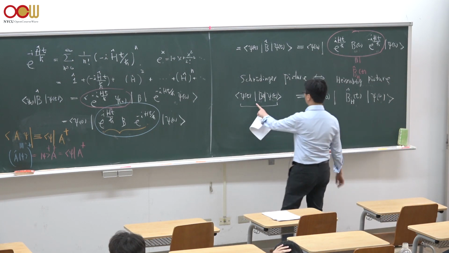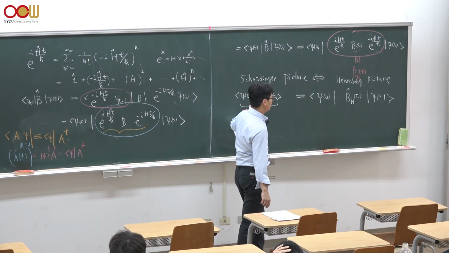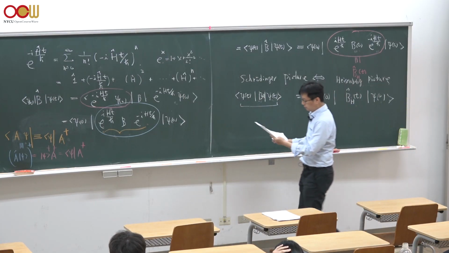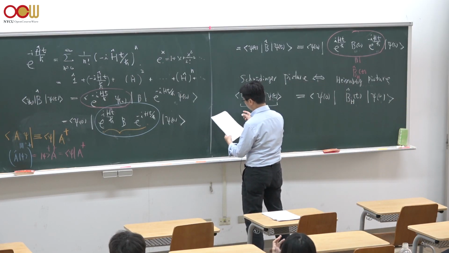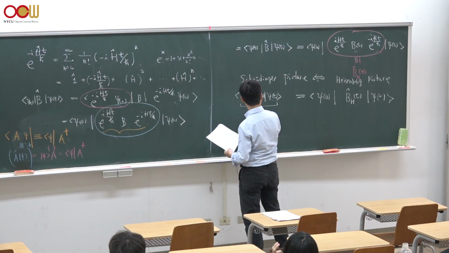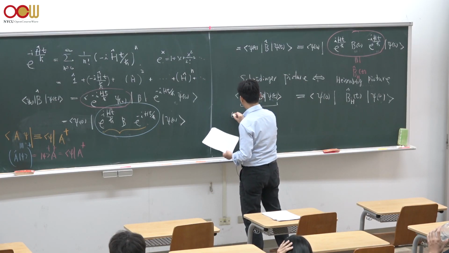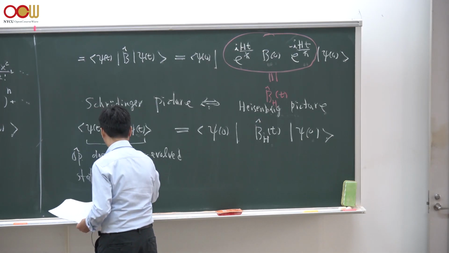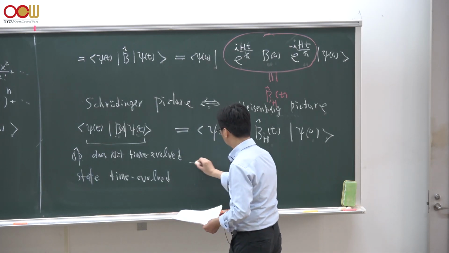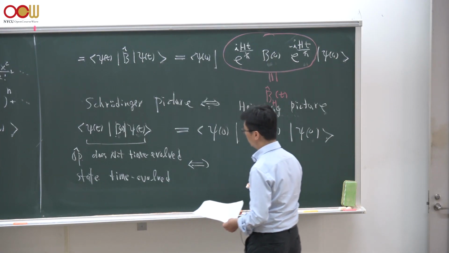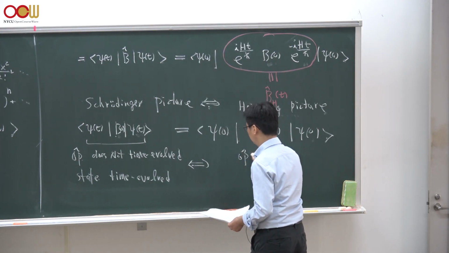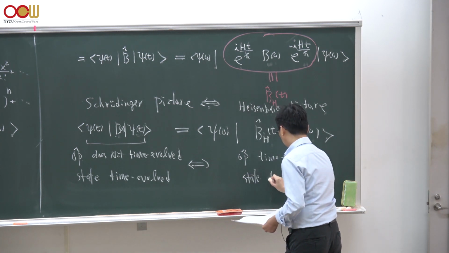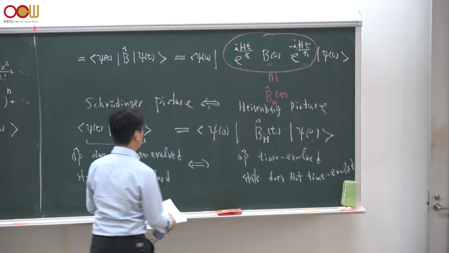But either way, we could do it in the Schrödinger picture or in the Heisenberg picture. So let me just repeat this definition one more time. In the Schrödinger picture, the operator does not time-evolve, but the state time-evolves. And in the Heisenberg picture, we do it the opposite way: the operator time-evolves, but the state does not. So we could do it either way.